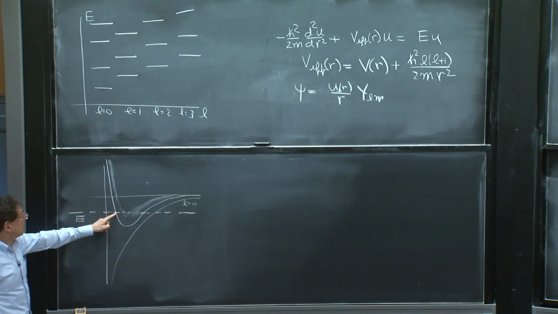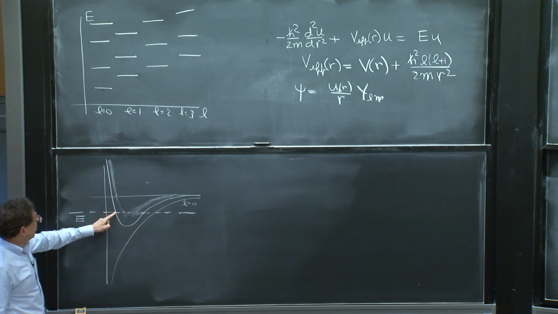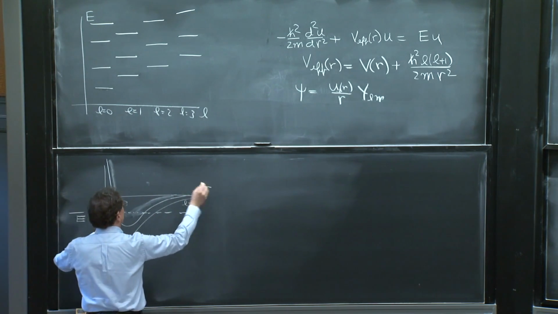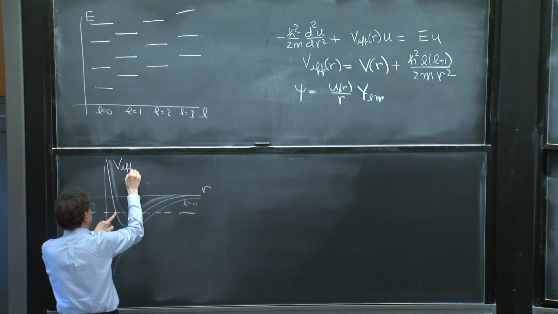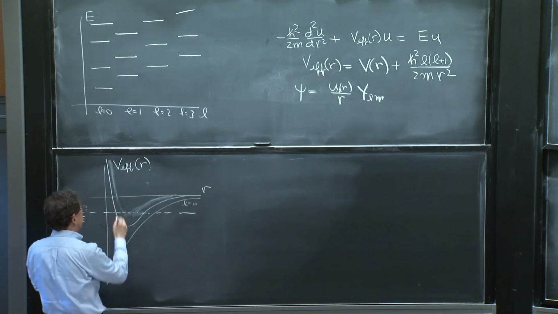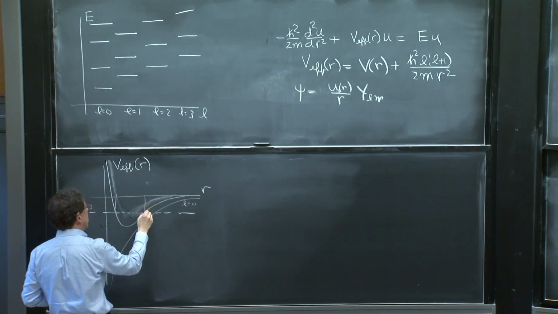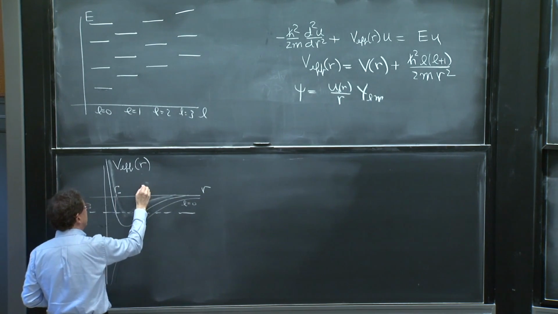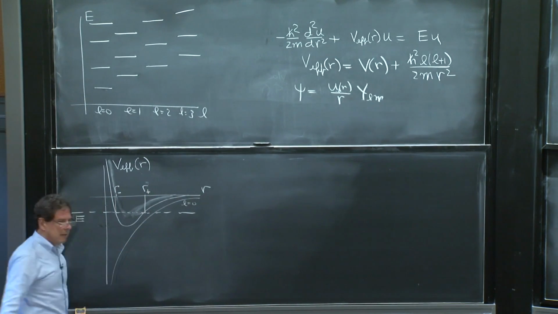And the electron will be going from some value of the radius. So this is the plot of the effective potential as a function of radius. It will go from one to another. They could be called R minus to R plus.